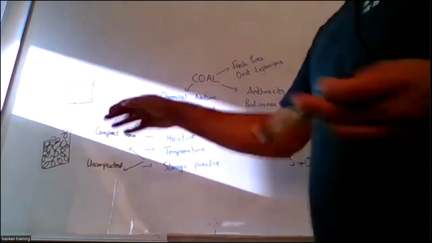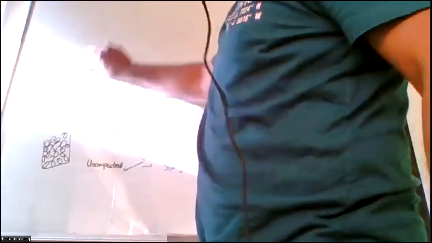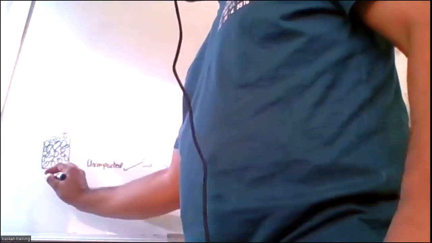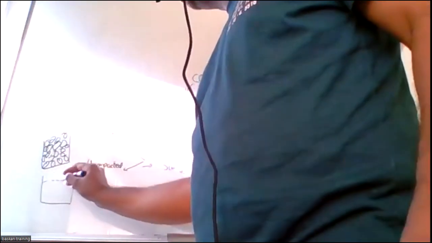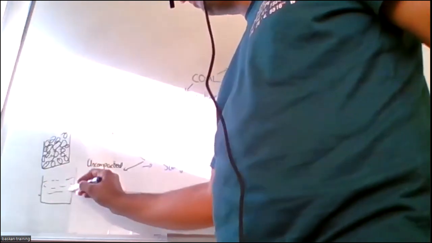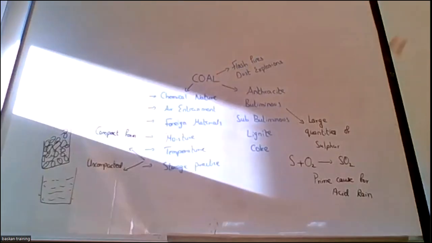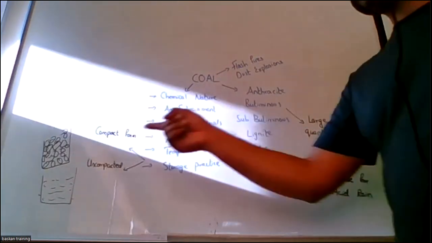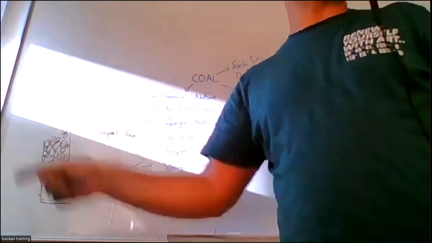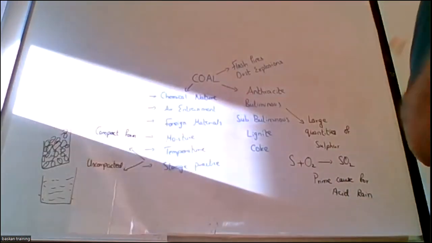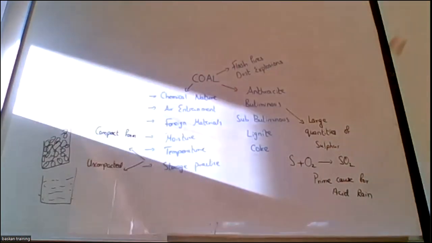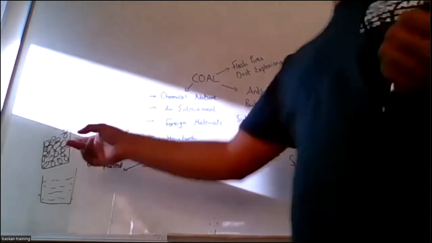The uncompacted, because the compacted form is in the form of layers, small powder form, while uncompacted is in the form of big stones, right? So what happens is that free air is entrained through here. Air can be entrained directly throughout the coal. What will happen? The more air that can pass freely through the coal particles, the more chances that it is going to ignite.